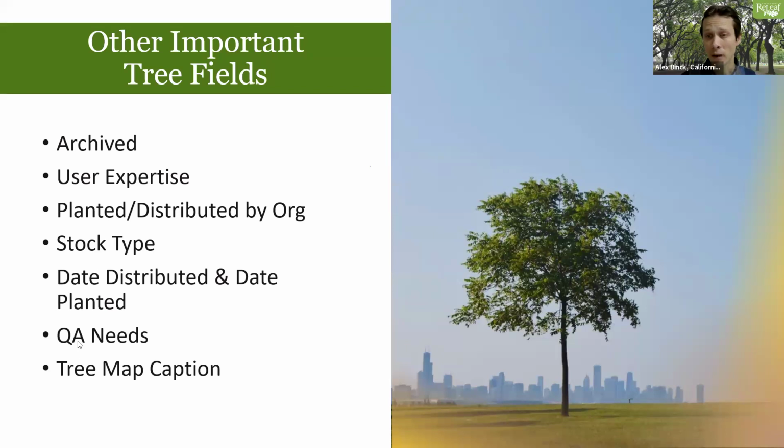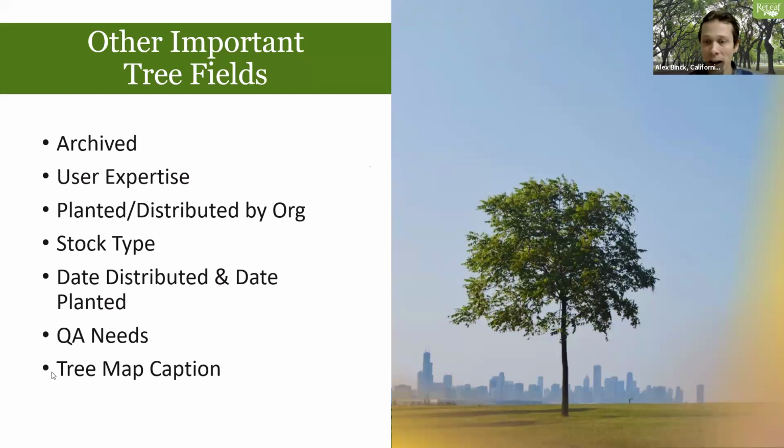I highly recommend that anyone who uses this field also leave a note. There's a notes field. You can type in whatever information to explain what's going on with the tree, because just knowing that there's a problem is not enough on its own. You also need to know what the problem is.